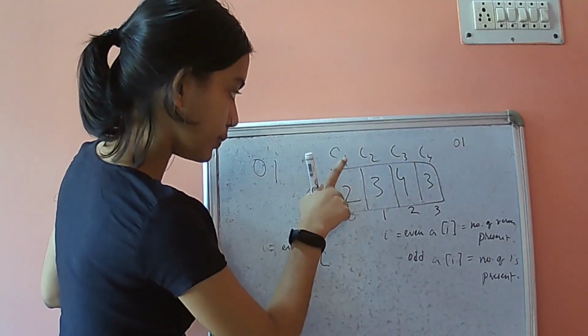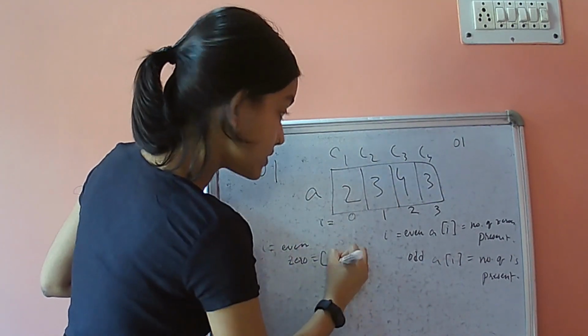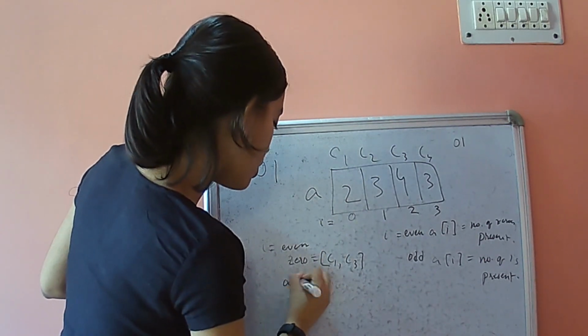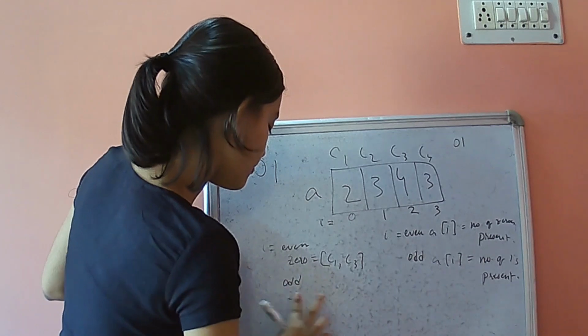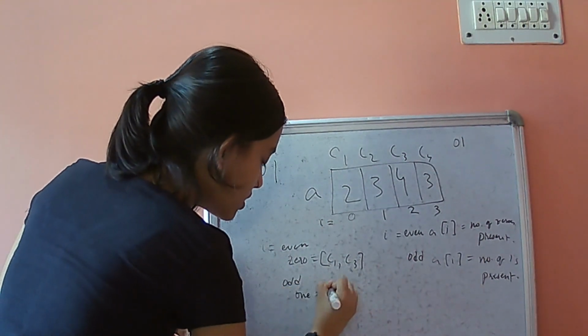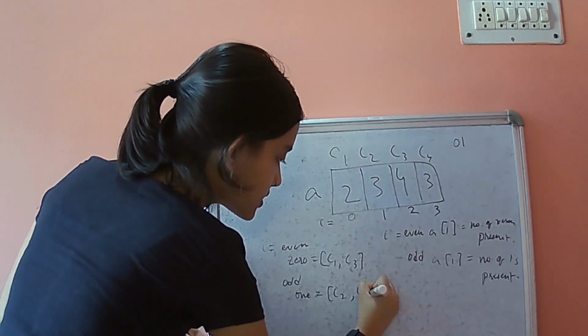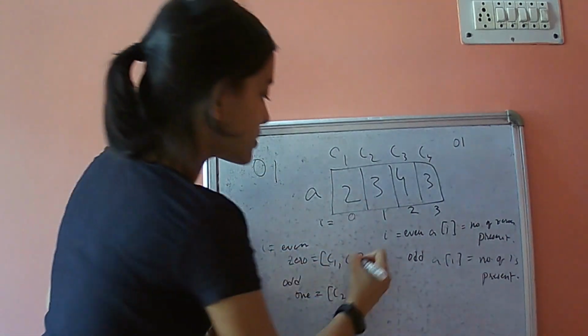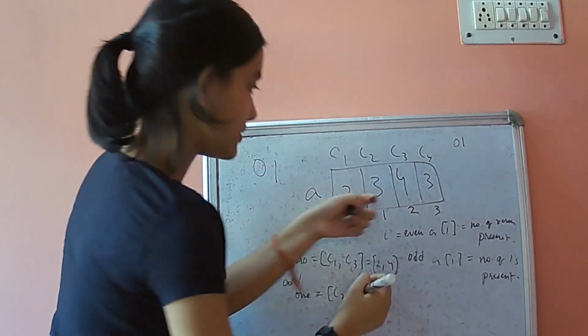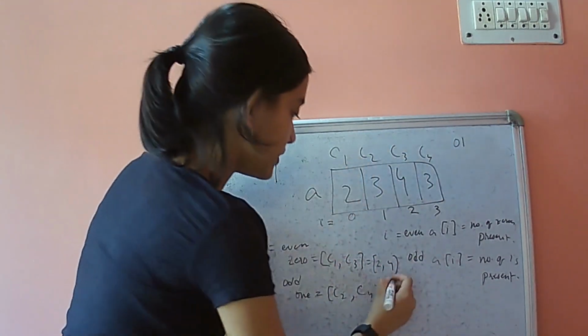So 0 for this one would be C1 and C3. And for I equal to odd, we put them in another array, which is 1, equal to C2, C4. These are actually the same values, so it won't matter.